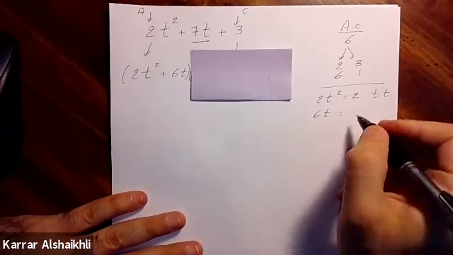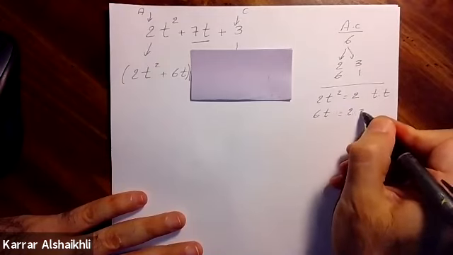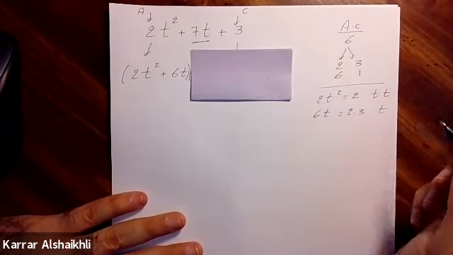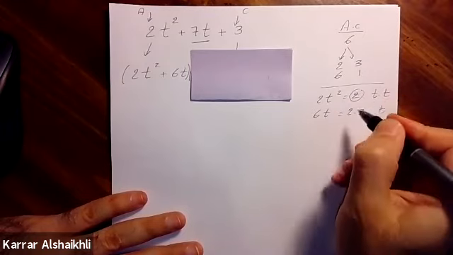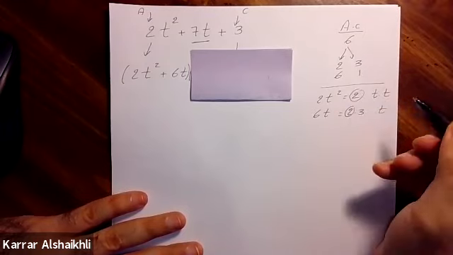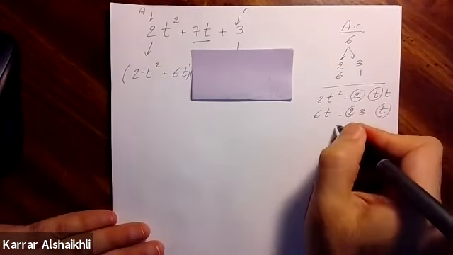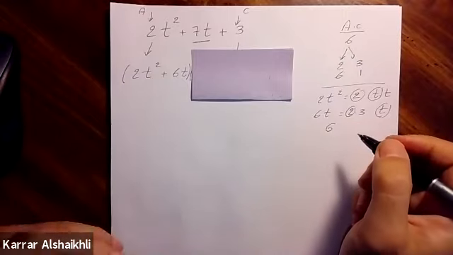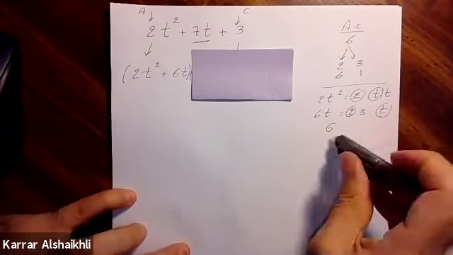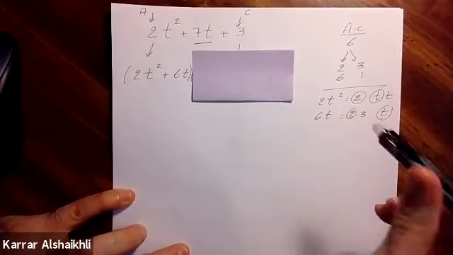What about the 6? The 6 is 2 times 3, and here is the t. So with numbers, the common is 2. With variables, the common is t. That means the GCF here, we can say it's 2t.